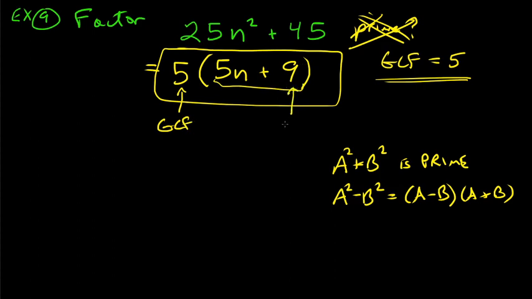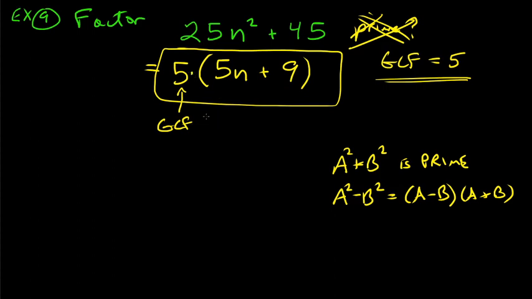Even though 9 is a perfect square, right, it's 3 squared, the 5 is not. And even if it was, even if it's 4n squared plus 9, that's still prime, right, because of the plus. Okay. So the 5n plus 9 is a prime factor, and the 5 is a prime factor. But that's the whole point, right?